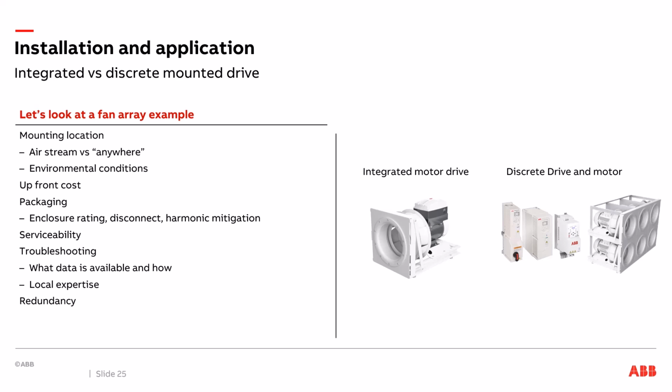Let's say, for example, that ABB drive fails on the discrete drive and motor, that loose drive, and you're not happy with the ABB. Or my lead time just isn't quite as fast as you want, or the horsepower size you want, that specific one's not available locally in stock. They've got the one in stock, but it's one size too small or something like that, and the other one is slightly back ordered, and you need that unit up and running.